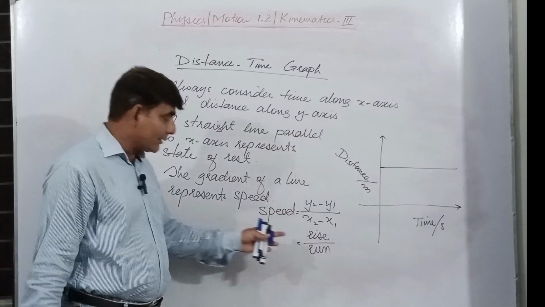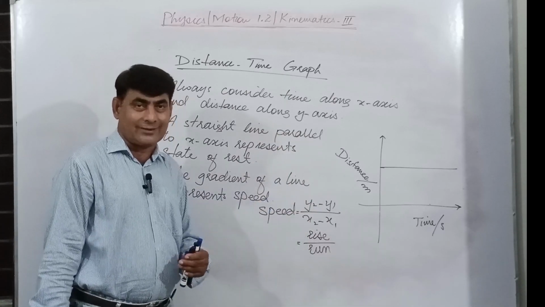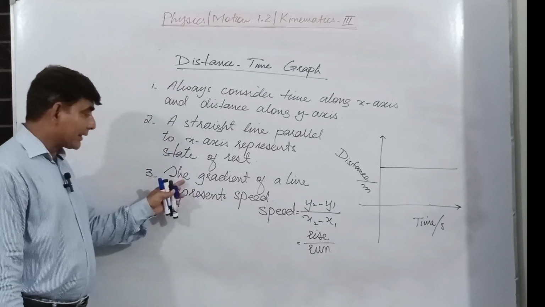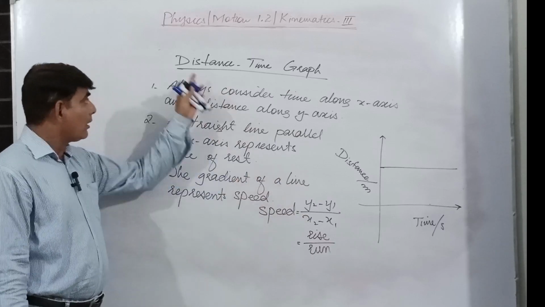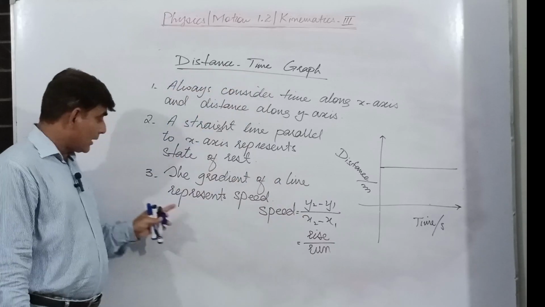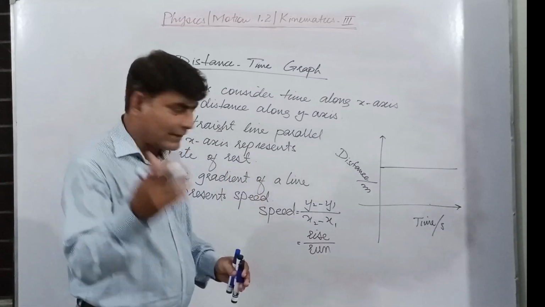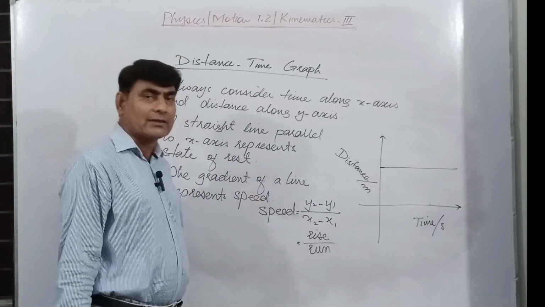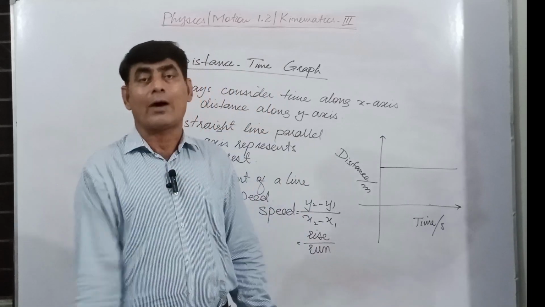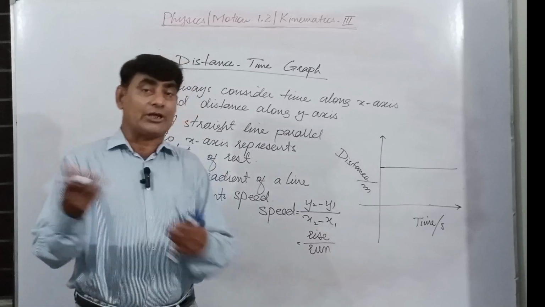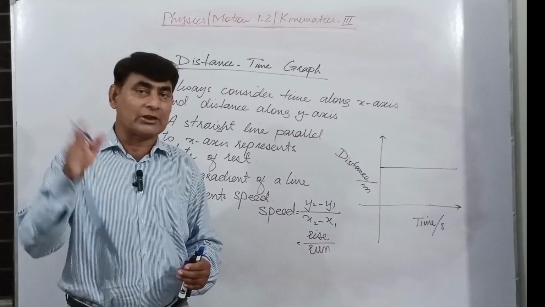Now, the gradient of a line in a distance time graph represents speed. If the line is straight, we can find the gradient like this. If the line is not straight, then we can find the speed at a given point by taking a tangent with the help of a chord, according to the senior examiner.